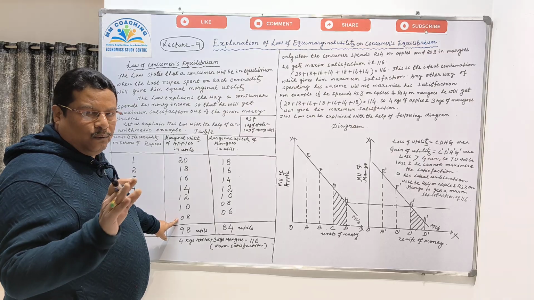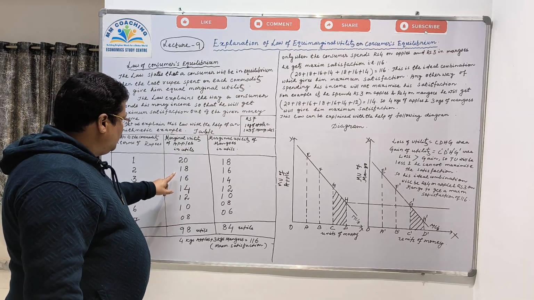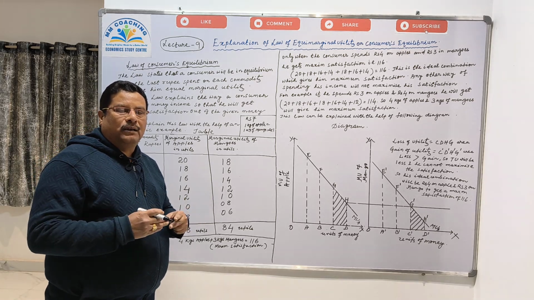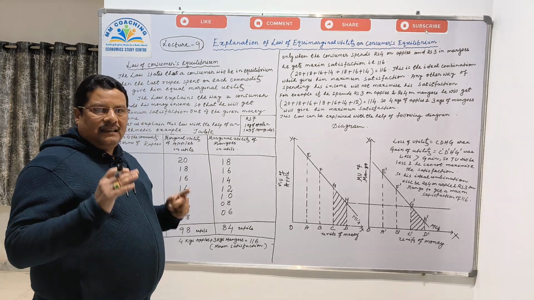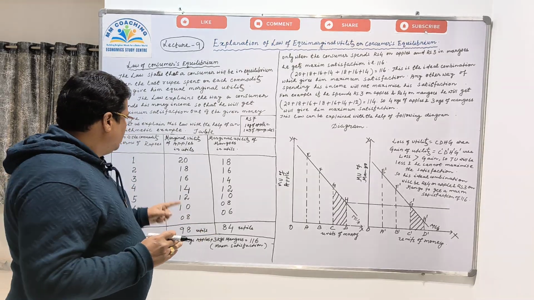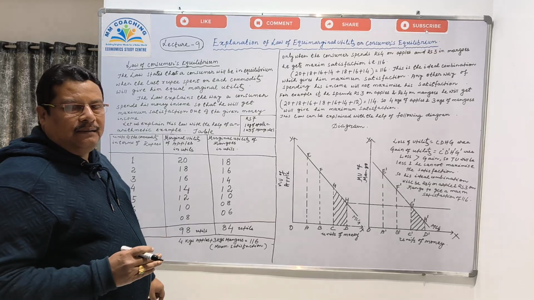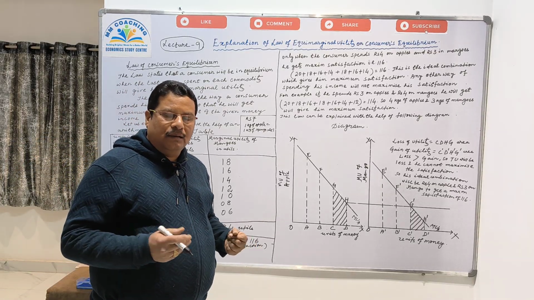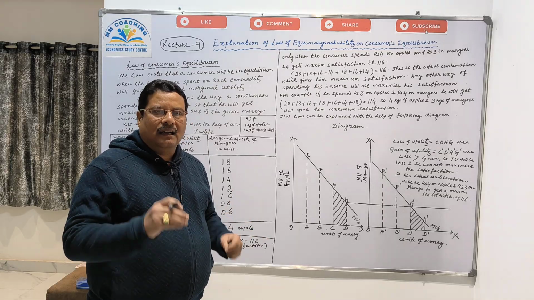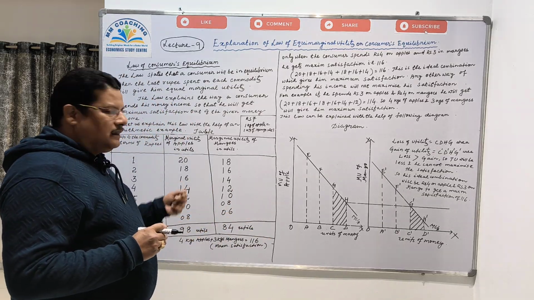Because you know that when a consumer consumes more and more units of a commodity, marginal utility for that commodity goes on diminishing. This is nothing but law of diminishing marginal utility.